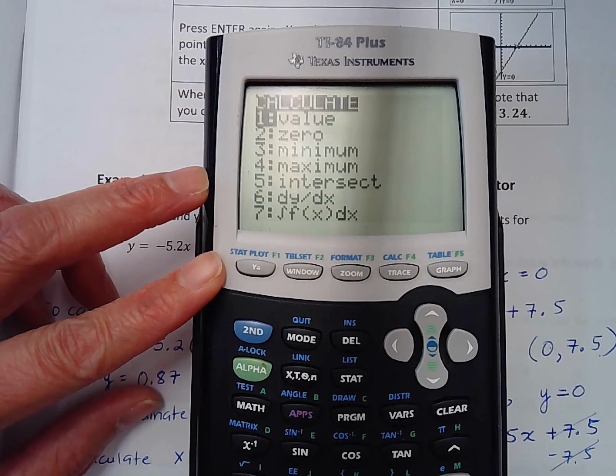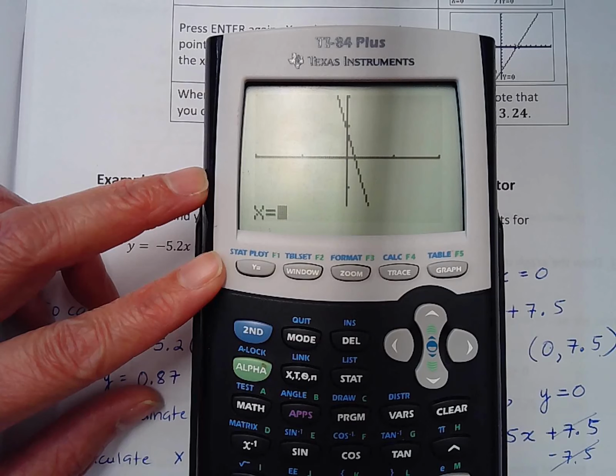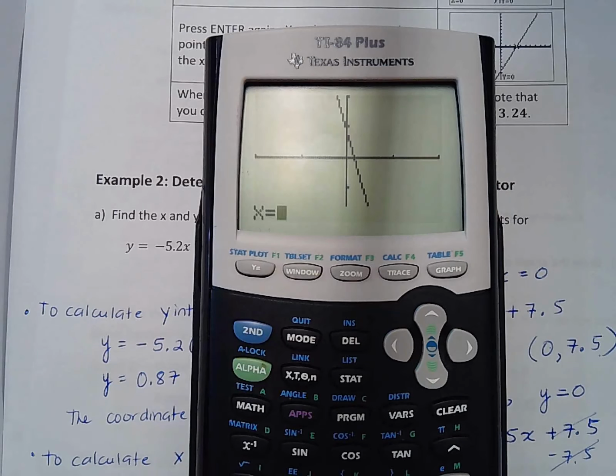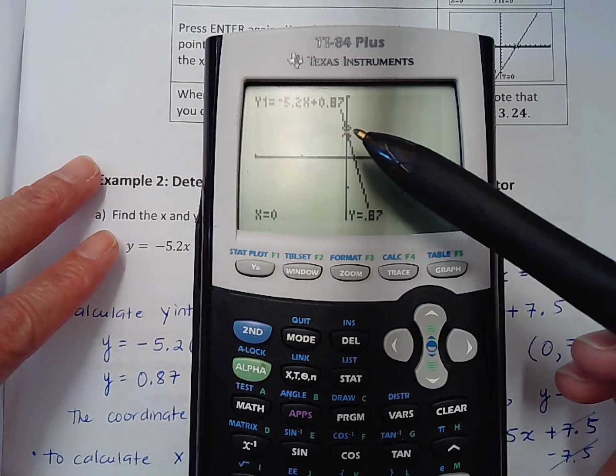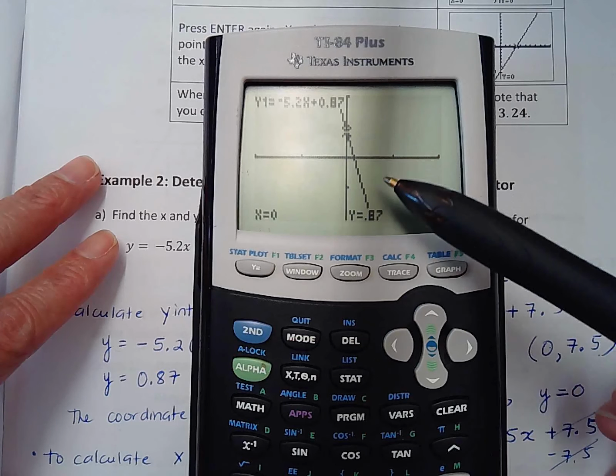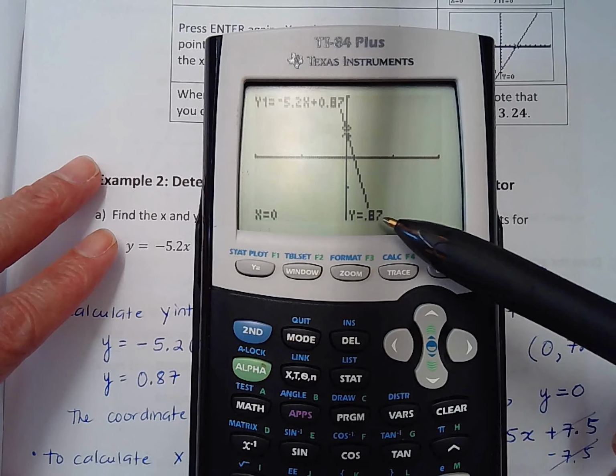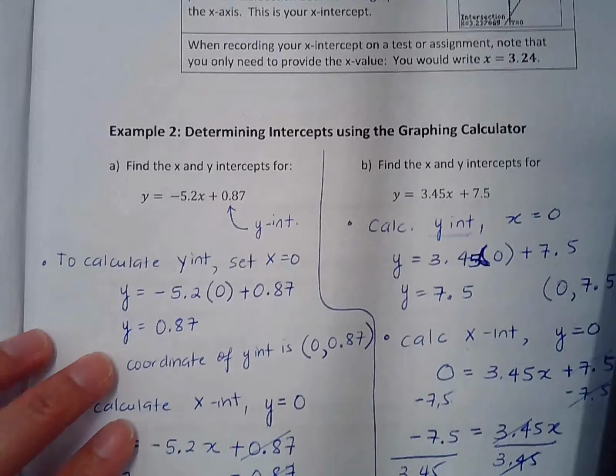Value. 1 for value. Don't worry, we'll write it down. And then we're going to enter what? 0, right? Because we want the y-intercept at x equals 0. And then it tells us the y-intercept is at 0.87. That's what we got, right?